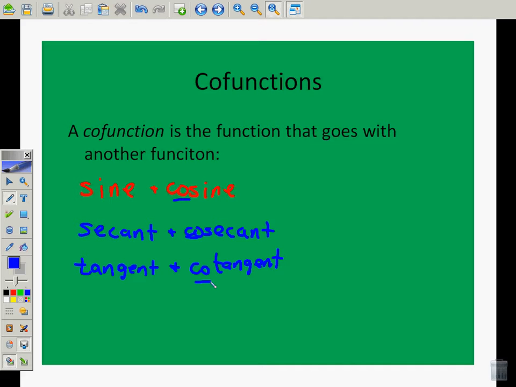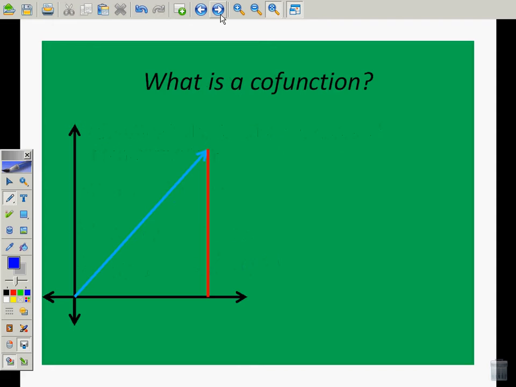Let me show you how this works. Okay, we look at the basics. What is a cofunction? I've got an angle here drawn in standard form. And so we're going to just assume for a second that this is theta. This looks like something we've seen before.